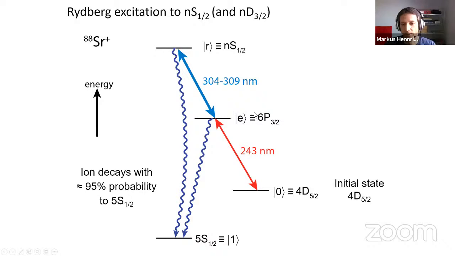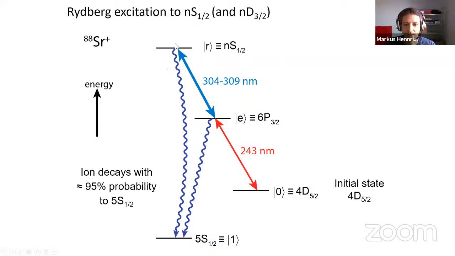So we go via the 6P3/2 intermediate state, excited first with a 243 nanometer laser, and from there we continue to a Rydberg state by a laser that is tunable between 304 and 309 nanometers. In principle, from the 6P3/2 level with this laser we can drive transitions to nS or nD levels. So these are the two kinds of Rydberg states that we can directly access with this laser system.